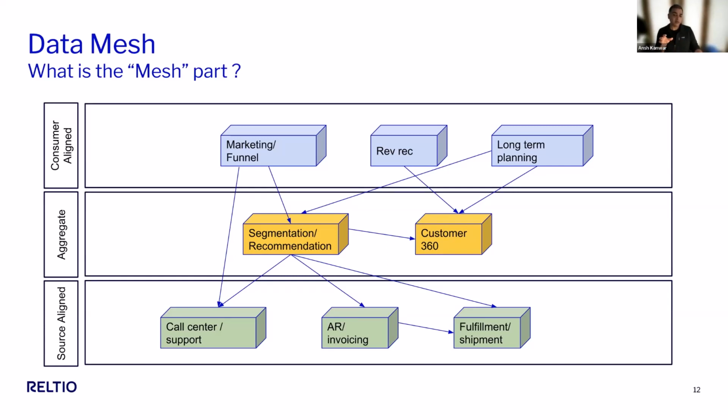A couple of examples here are a segmentation or recommendation engine that may be based on machine learning, or a customer 360 view that can be built out of a platform such as Reltio. These products are ready to go. They're always available, up to date, for further systems that consume this data and really are the closest to solving for that business initiative.